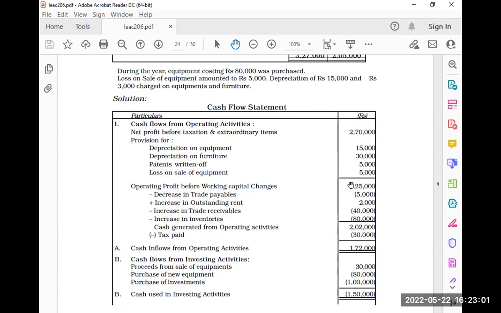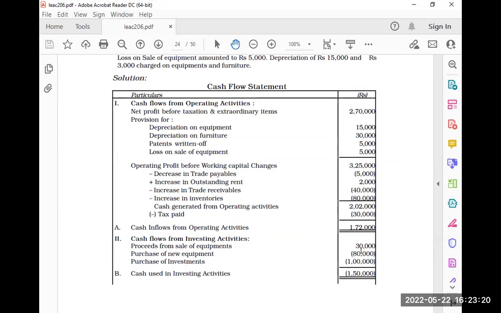How is it 2,02,000? 3,25,000 plus or minus all these things, as the case may be. So it is 2,02,000. That's called cash generated from operating activity. Minus tax paid. What's the tax paid? 30,000. So 1,72,000 is the net cash flow from operating activities.